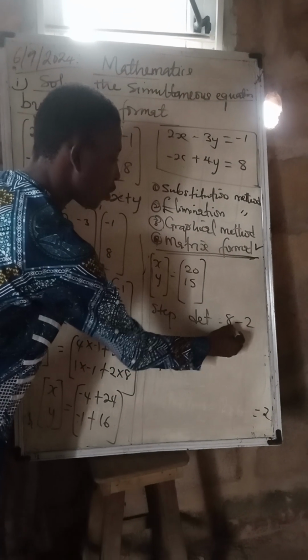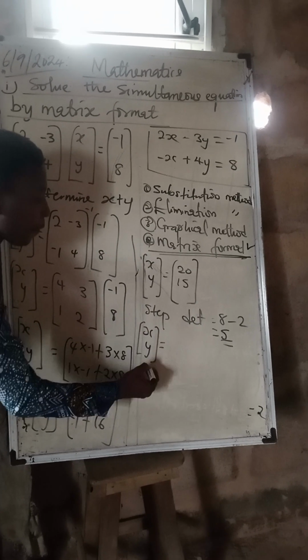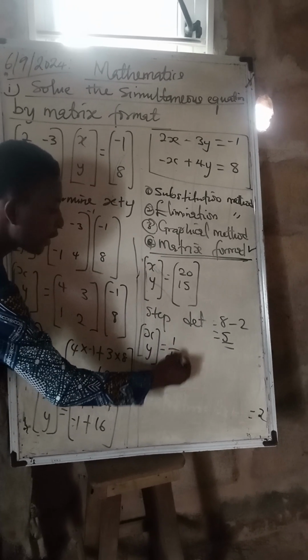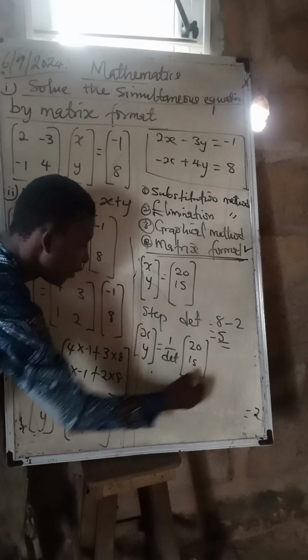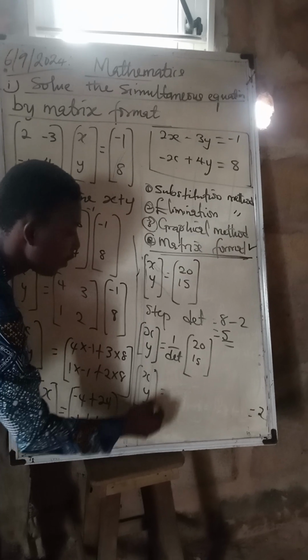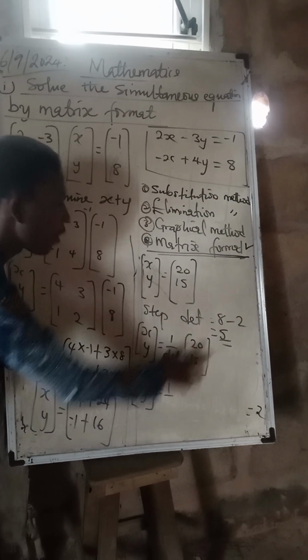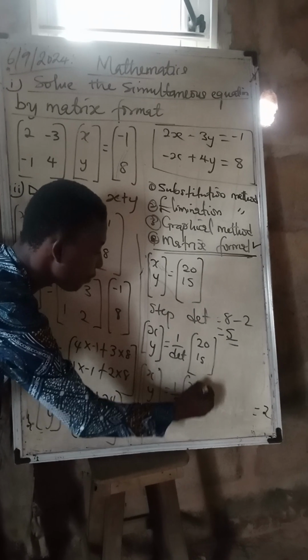So our determinant is going to be 5. So we say that xy will be 1 over the determinant times what we have here, 20 and 15. So xy will be 1 over 5, open bracket, 20 and 15.